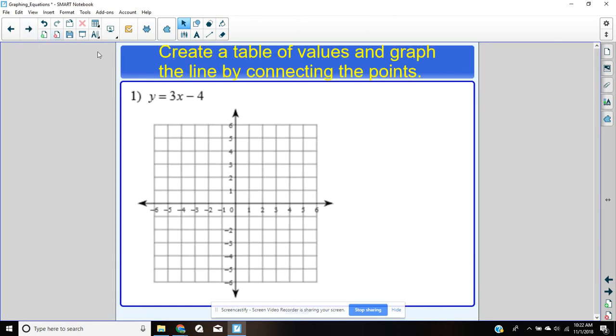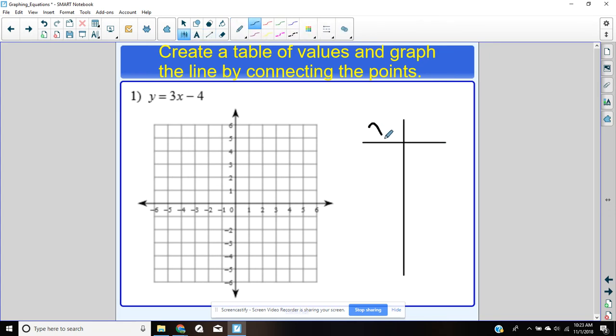In the next example, we're going to create our own table of values, and this also corresponds with number 1 on your worksheet. So the directions are create a table of values and graph the line by connecting the points. Notice nowhere on your worksheet do you have an actual table of values. You're going to create one to the right of the graph.